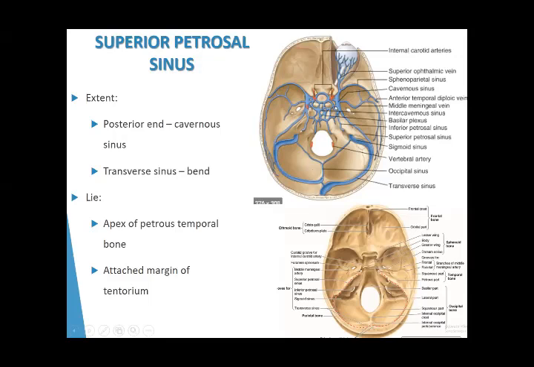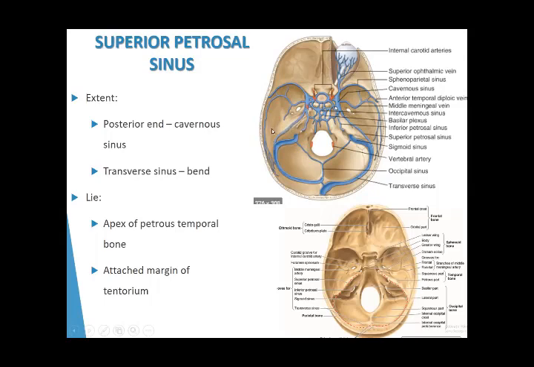So the superior petrosal sinus enters the transverse sinus at this point where the transverse sinus bends down and becomes continuous as the sigmoid sinus. And I told you location uski jo hai, location mein it is lying at the top of apex of petrous temporal bone.